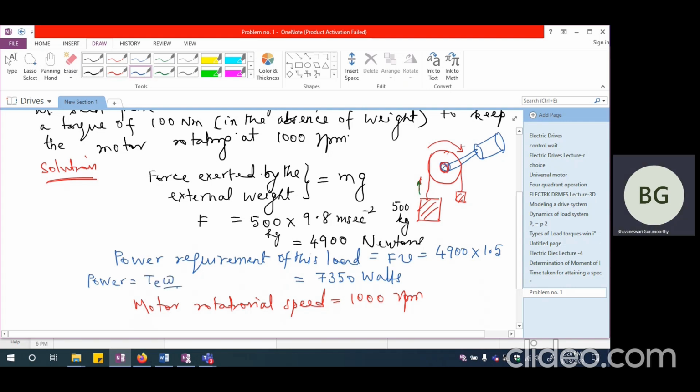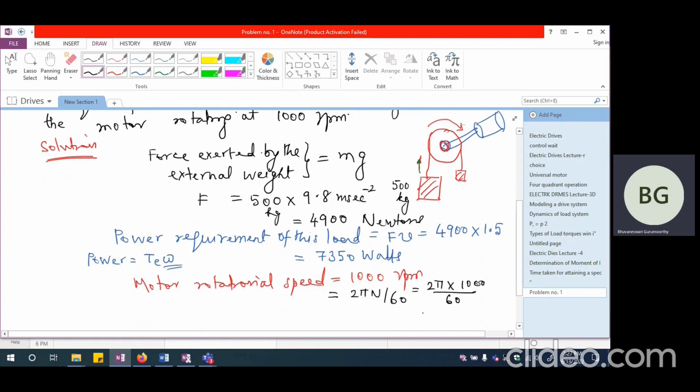So this omega should be in radians per second. So I'm going to calculate what is the radians per second here. That is going to be 2 pi n divided by 60. So 2 pi n is the speed in RPM, that is going to be 1000 divided by 60. This will give me radians per second. So that will come out to be 104.7 radians per second.